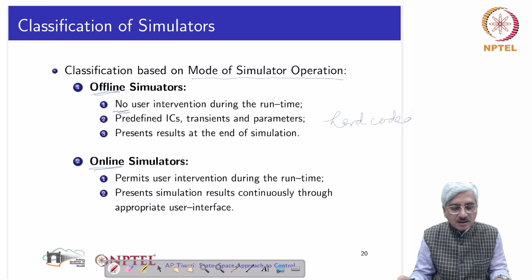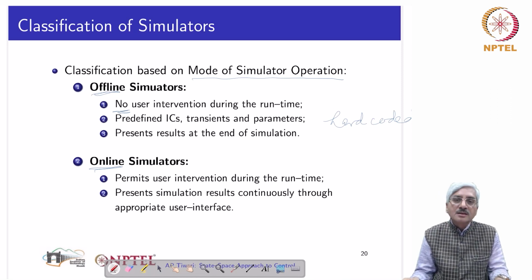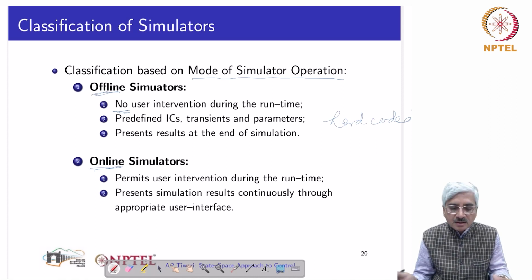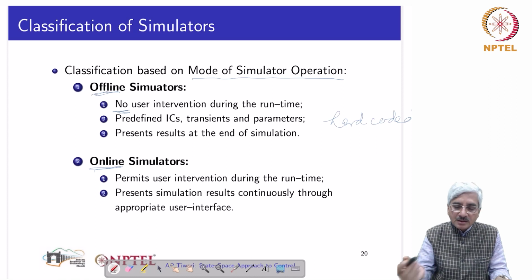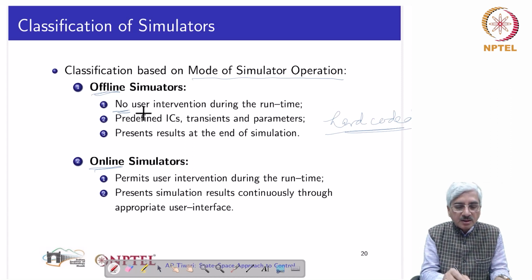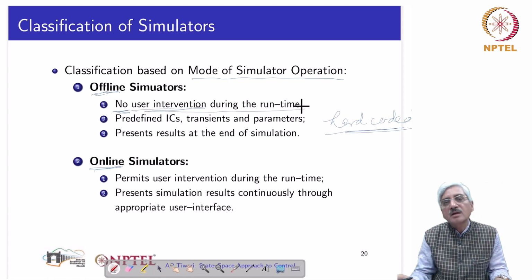And the results are mostly available at the end of the simulation. One has to wait during the entire runtime till the end when the results will be available for looking at either in textual forms or in the form of graphs. If one requires to change certain system parameters, then one has to go back to the code and rerun the simulator. User intervention during the runtime is not possible.